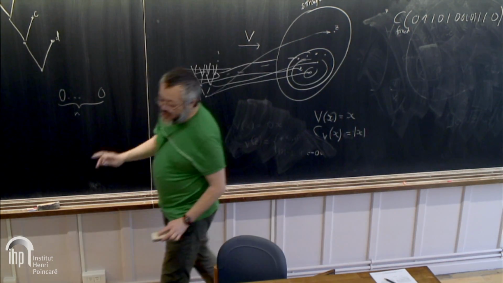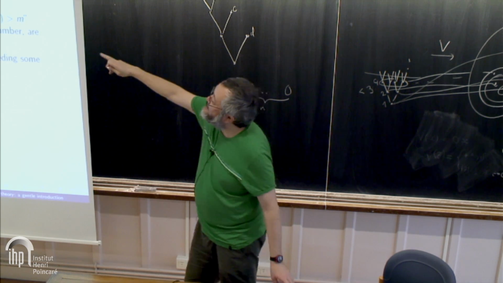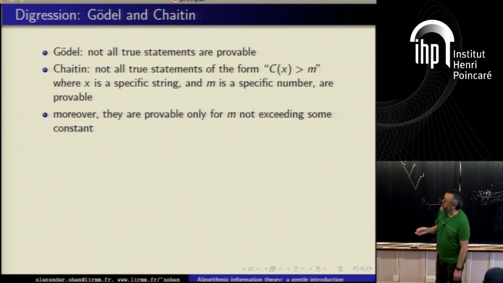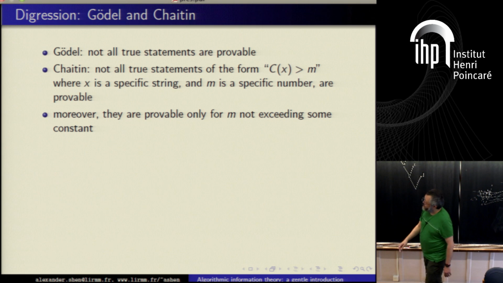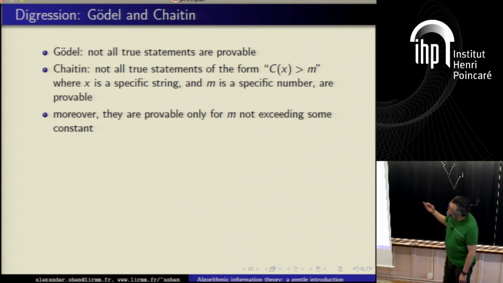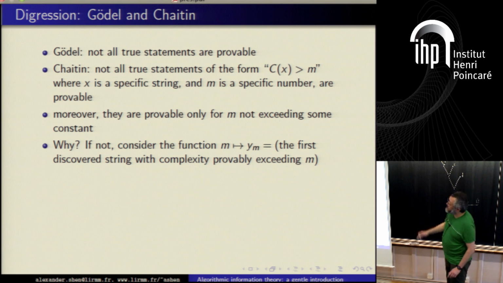What I wanted to say is that only finitely many m can appear in such statements. So for every theory, like set theory or arithmetic, there is a maximal number which can be proved as a lower bound for complexity, and the argument is the same.